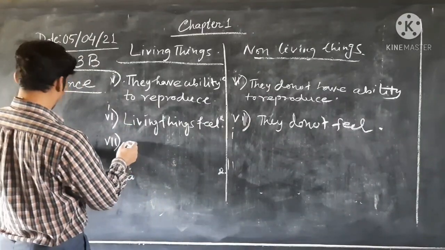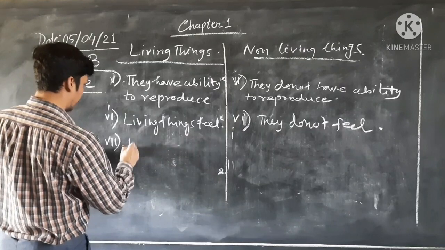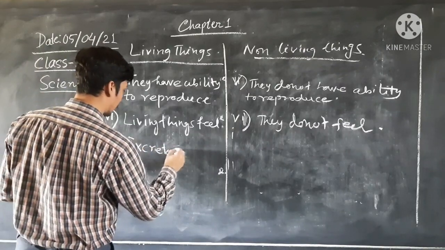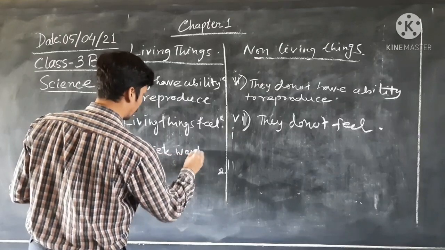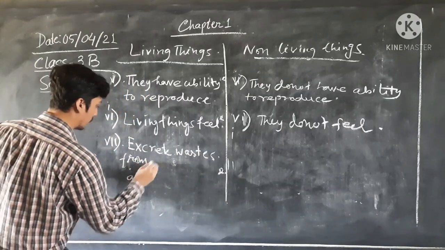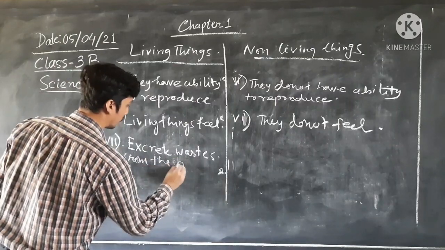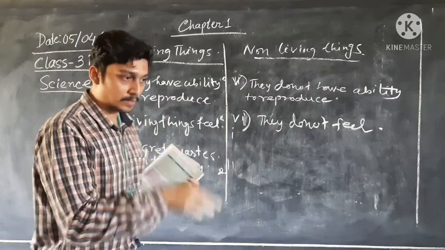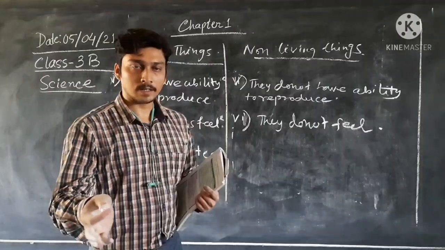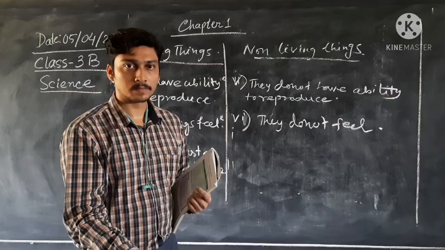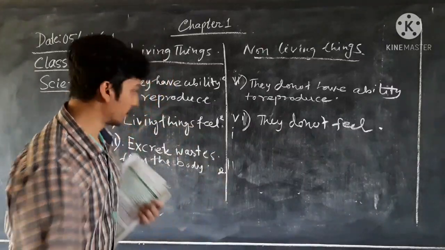So living things excrete wastes from the body. You also see that in summertime, the dog hangs out its tongue.